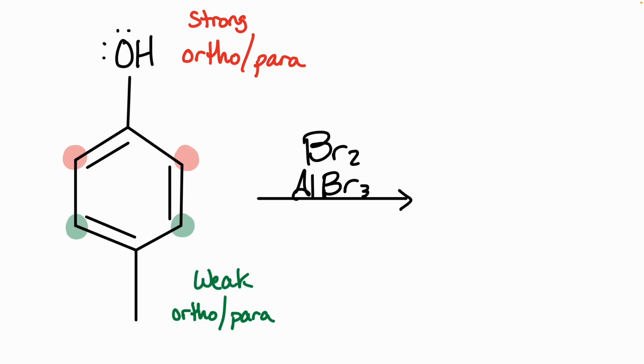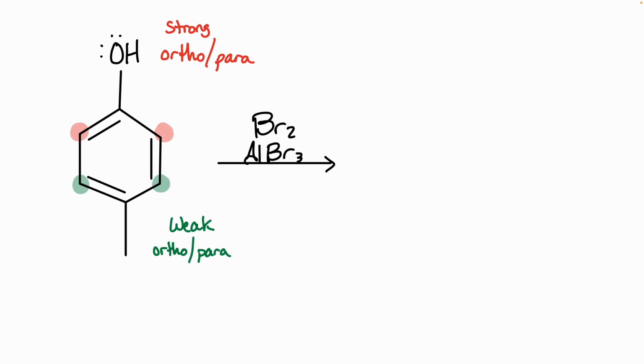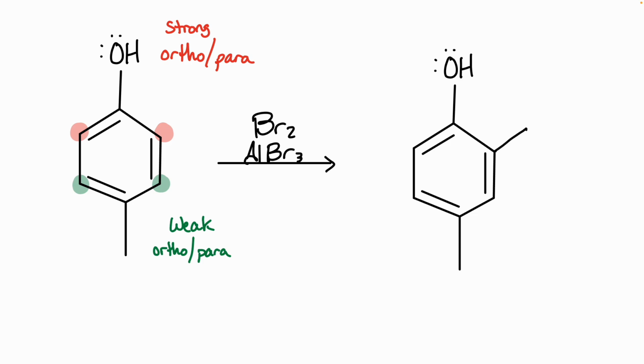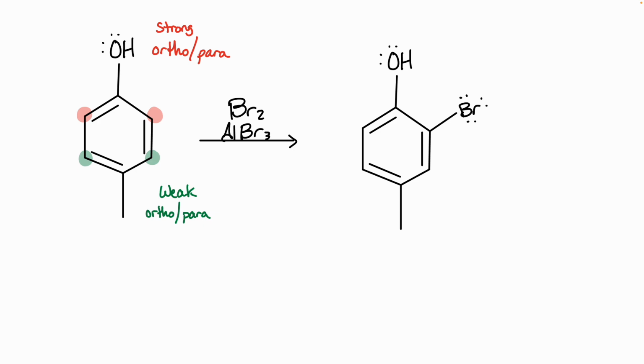So what do we think wins, the strong or the weak? The strong, all right? So when we draw our product here, we're going to put that incoming substituent ortho to our strong ortho-para directors. All right, and again, our principle here is the stronger wins.